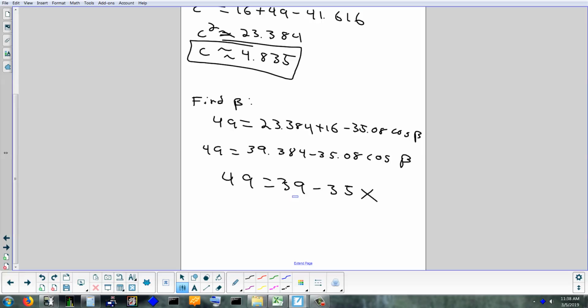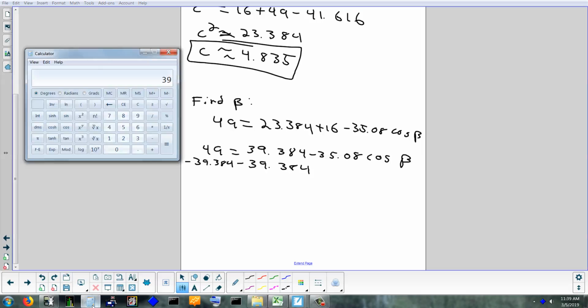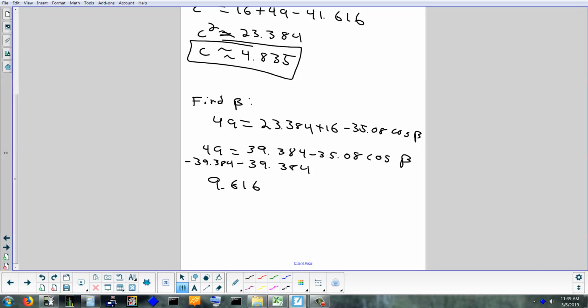So you have to bring the 39 to the other side, and then you can divide by the negative 35, and that will get the variable by itself. Right, so it's minus 39.384. So 49 minus 39.384 gives me 9.616.